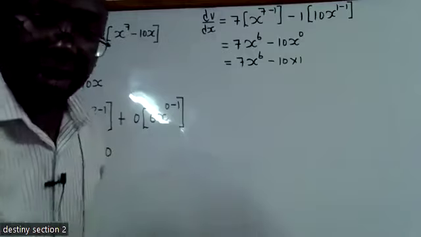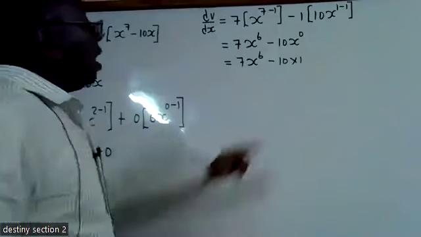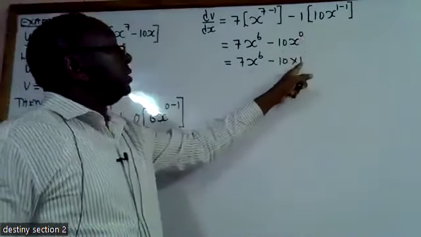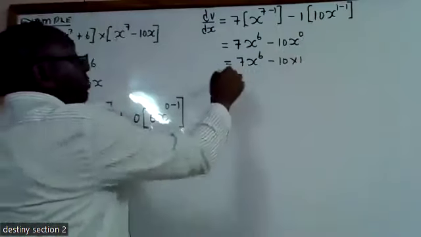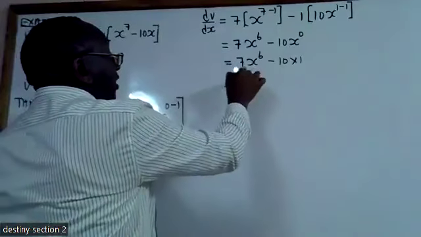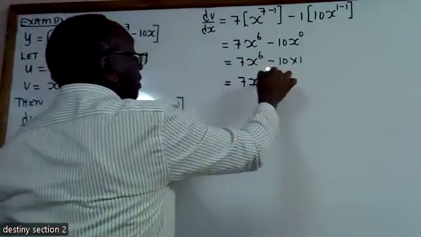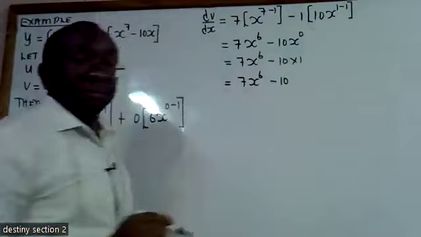Okay, sorry for that. So I was saying this x raised power 0, it becomes 1. And we know any number multiplied by 1 is that number. So this now is left as 7x raised power 6 minus 10.